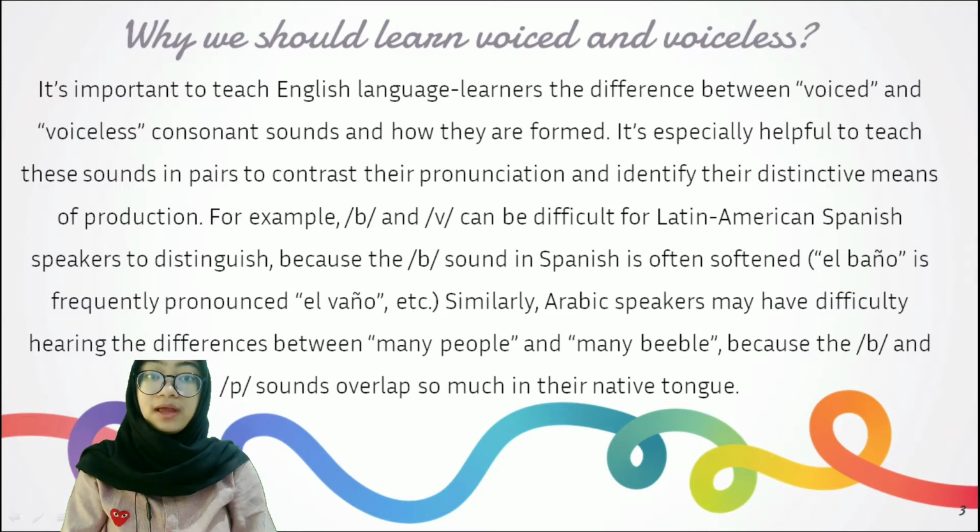For example, B and V can be difficult for Latin American Spanish speakers to distinguish because the B sound in Spanish is often softened. Elvano is frequently pronounced Elvano.